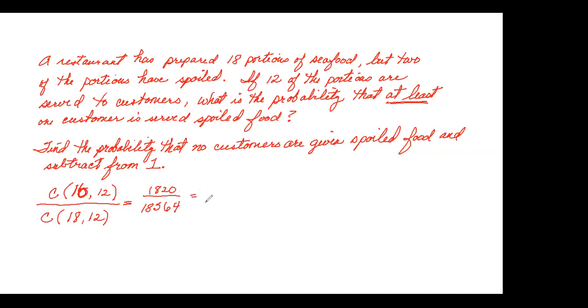It's 18564. I'm just going to say divided by 1820 and then invert that. And I get 0.098. Okay, so this is the probability that we will not give out any spoiled food.